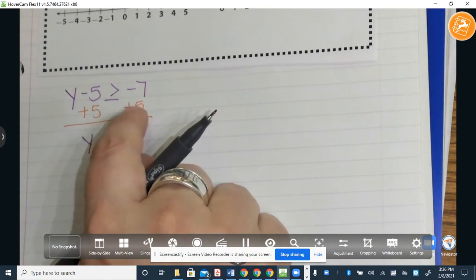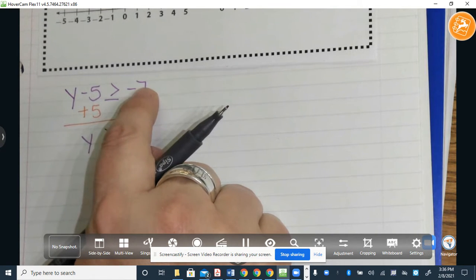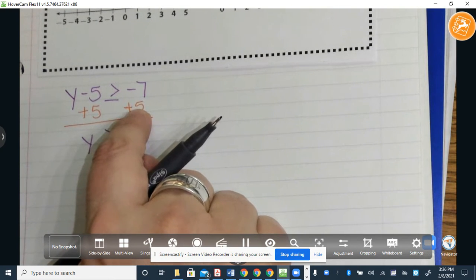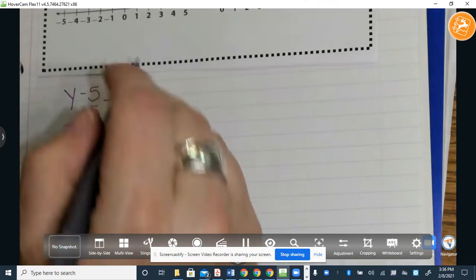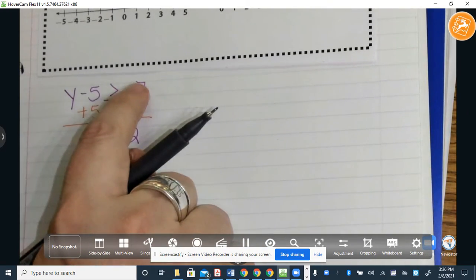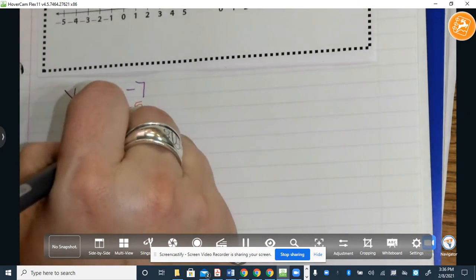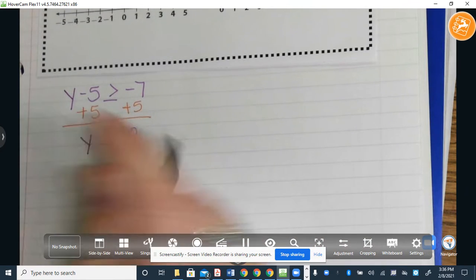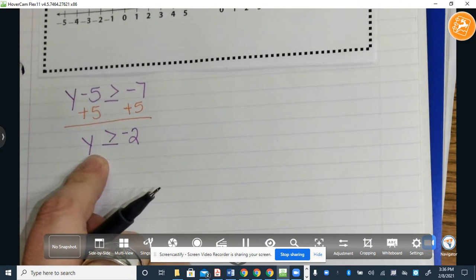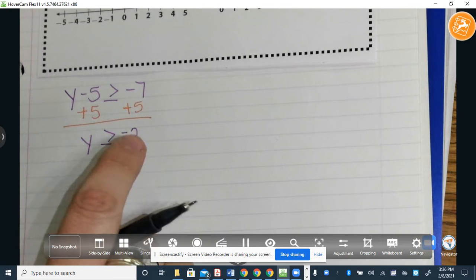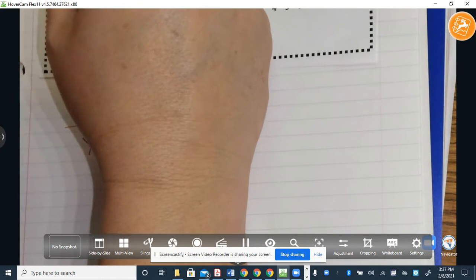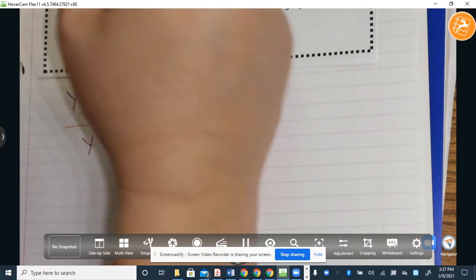And negative 7 plus 5. So I have a negative plus a positive. Well, I have to subtract. So 7 minus 5 gives me 2. I have more negative than I do positive, so it would be negative 2. Okay? And so y is greater than or equal to negative 2. Now I'm going to graph that.